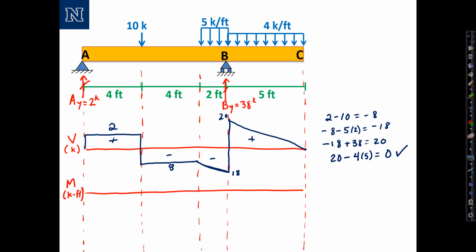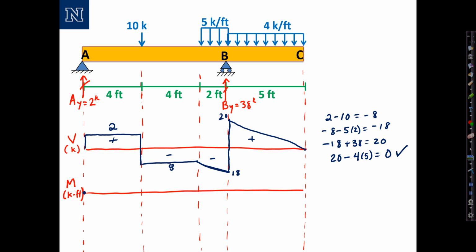Now we'll work the moment diagram from left to right. Starting at point A, we know the moment at the left end is 0 because there is no concentrated force and no moment reaction at the location of the simple support. Then, because the shear is constant, the moment is going to be linear.